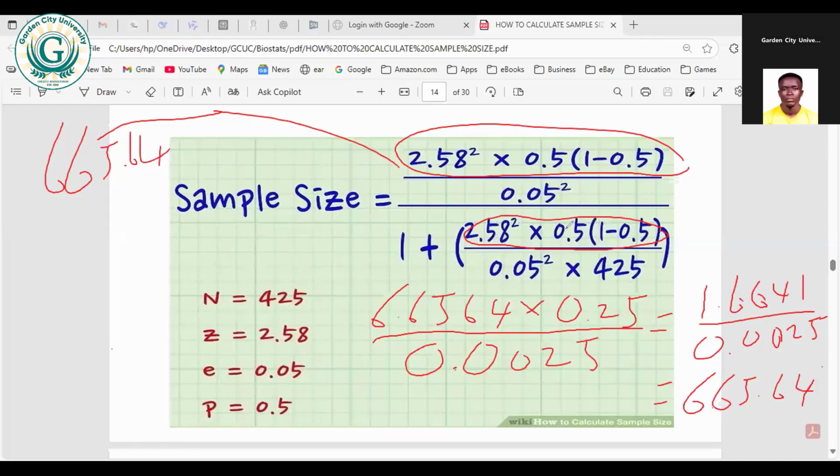And then the 0.05 square, that is the margin of error, is what we have here. Do you agree with me? Yes, 0.0025. Exactly.